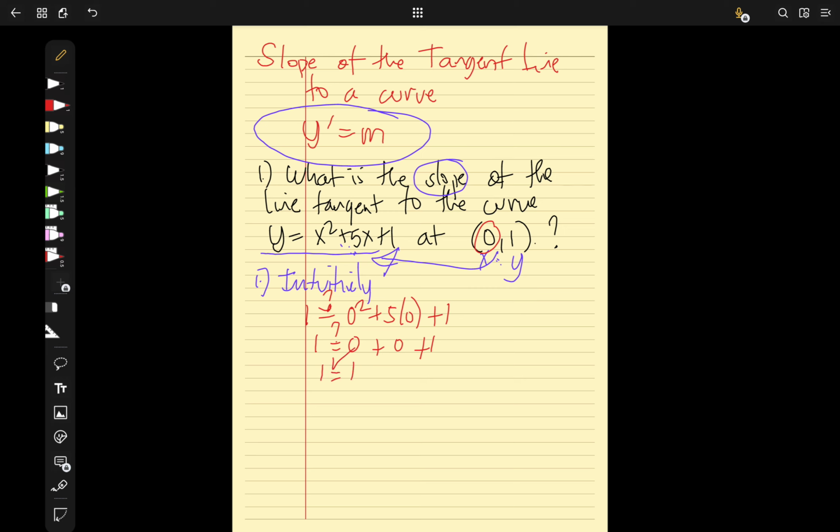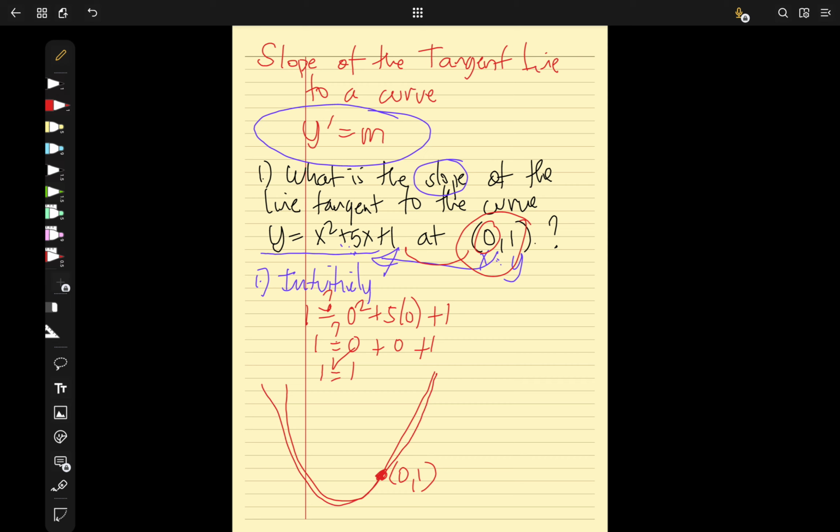Okay, so it does check. This means, guys, that (0, 1) is on y equals x squared plus 5x plus 1. So the curve really passes through it. If you draw y equals x squared plus 5x plus 1 and look for (0, 1), you will see that the curve passes through (0, 1).